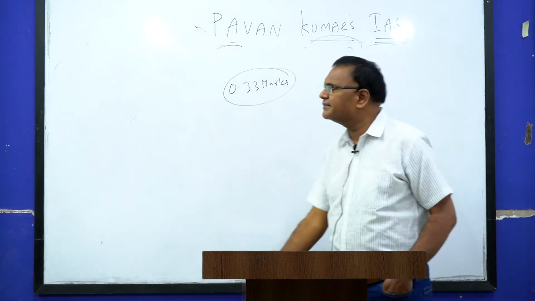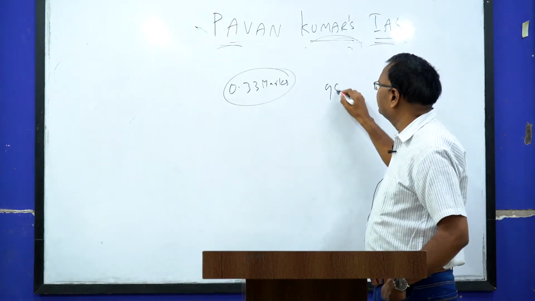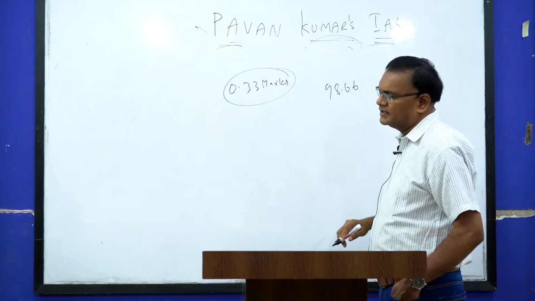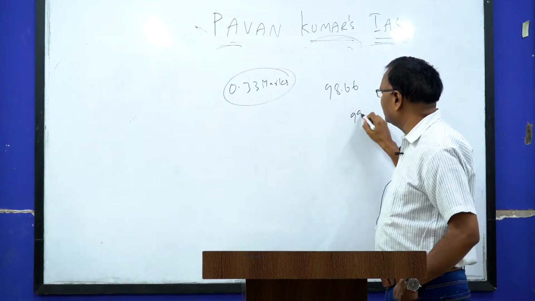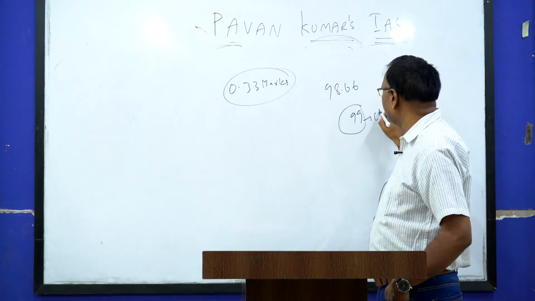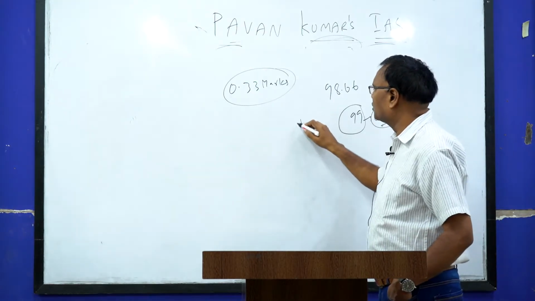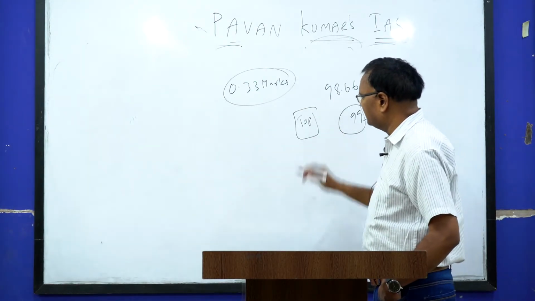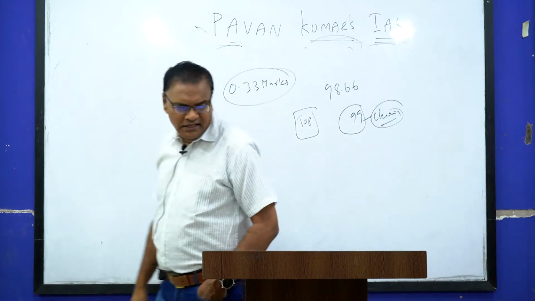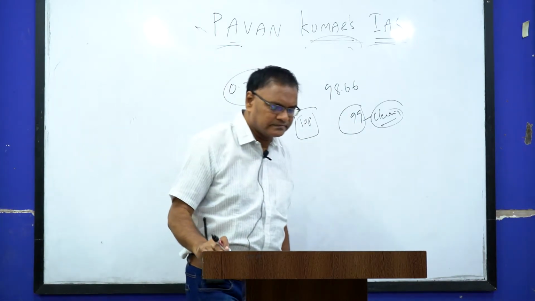If the cutoff is say 98.66 marks, then if you are getting 99 marks, also you will be clearing the preliminary examination. We don't have to top the prelims examination because it is only qualifying in nature.